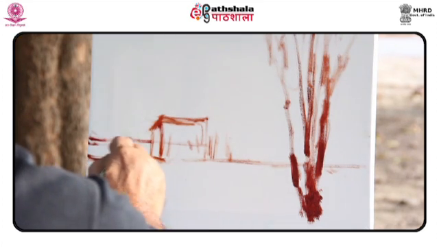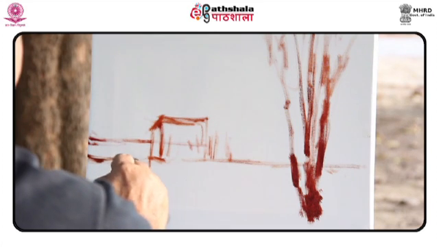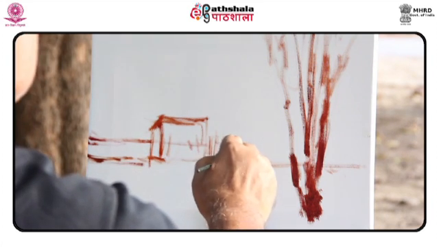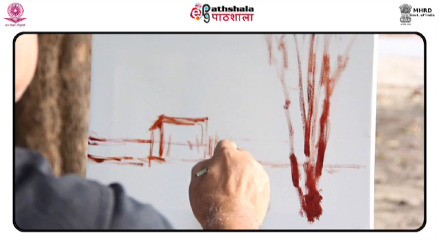Draw the second line indicating the wall next to the building and the angular line showing the tin formation.